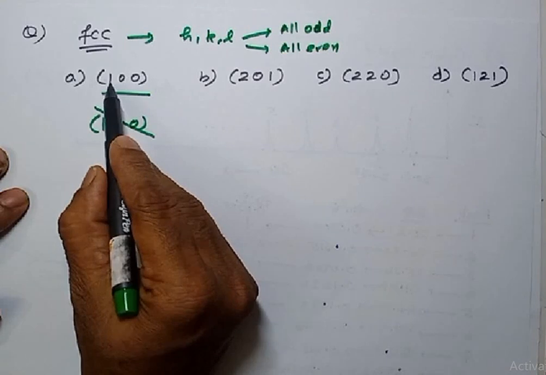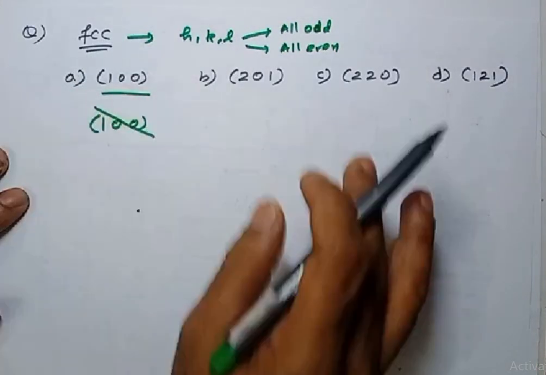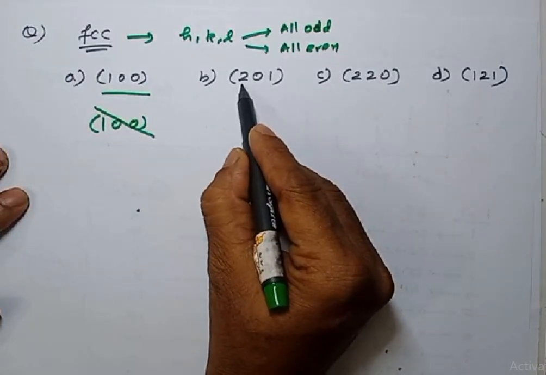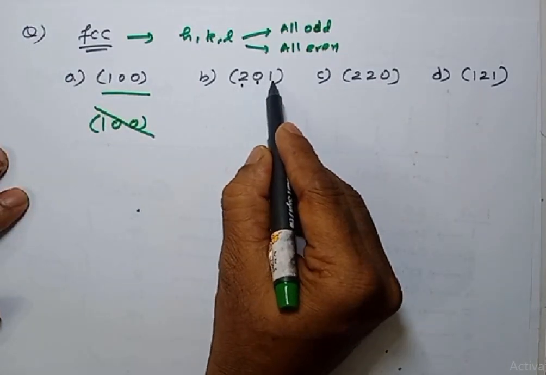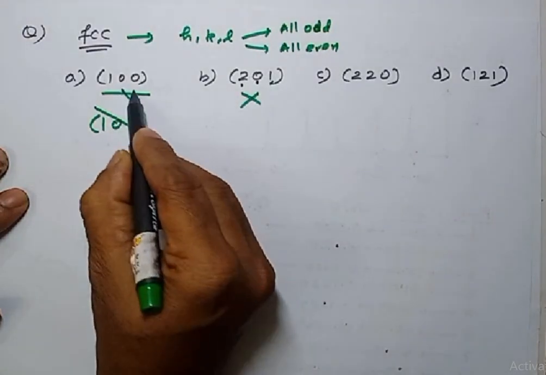Here 1 is odd, whereas 0 and 0 are even numbers. So mixing is there, so not possible. Here 2 is even, 0 also even, but 1 is odd. So this is also not possible.